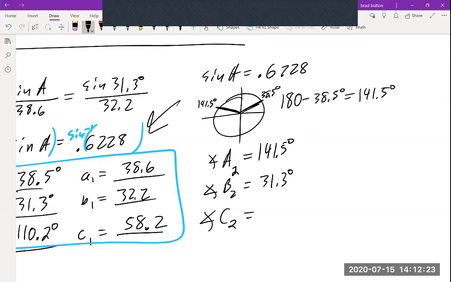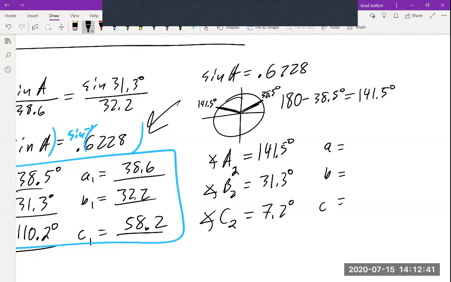If you get a negative number, or if there's not enough room, then there is no second triangle. But in this case, I get 7.2 degrees, so there's enough leftover angle to create a triangle. That means I now have to find my new side C.